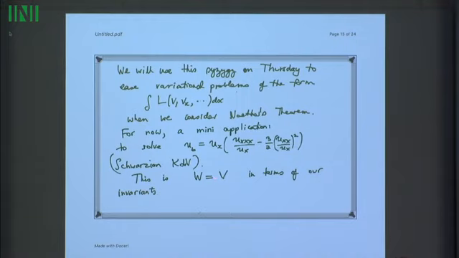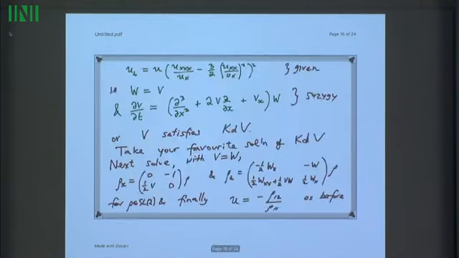Unlike for an ODE, with the PDE, when we write it in terms of invariants, we don't get much. But we also have the syzygy. So our equation is W equals V, and then you add in the syzygy, and what this means is that V satisfies the KdV equation. So if you have the Schwarzian KdV in terms of U, then the Schwarzian derivative of U is a solution of KdV.